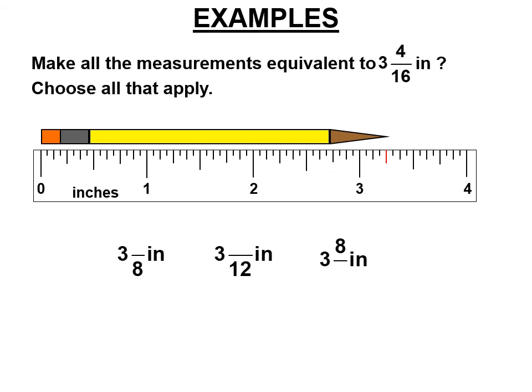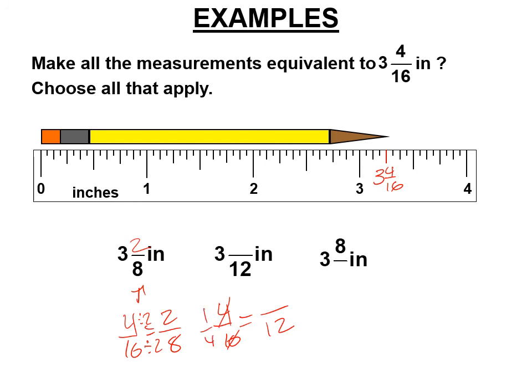All right, so 3 and 4 16ths, that's this over here. So what equals 3 and 4 16ths? Well, 4 16ths equals how many out of 8? Equals 2 out of 8. 4 16ths equals how many out of 12? Well, we can simplify it to 1/4, 4 times 3, and 1 times 3 is 3/12, and 3 and 1/4.